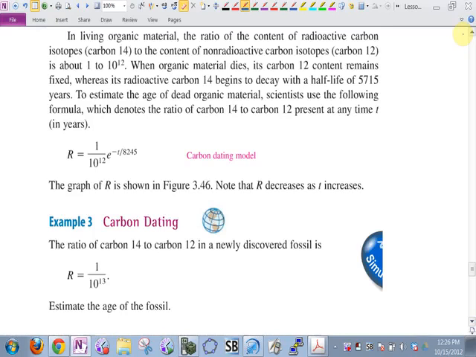Will you ever get to the point where you have 0 pounds? In theory, no. Right? Because it just keeps cutting in half. In practice, eventually you'll have 2 atoms. And then after 5,715 years, you'll have 1. And then what happens after 5,715 more years? You have half of an atom.